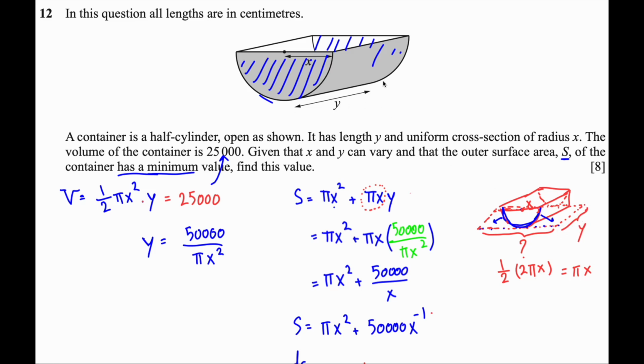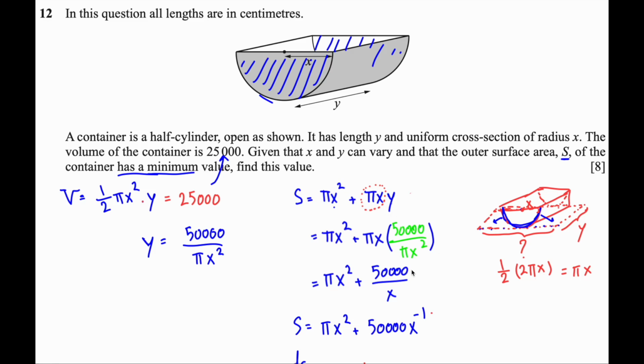It's the same as the depth of this half cylinder, but you have to find out the length of it, and that is the circumference of this semicircle when unfolded, which is half of 2 pi x, which is pi x. And that's what I got here. So the area of the rectangle would be pi x times the width, which is y.